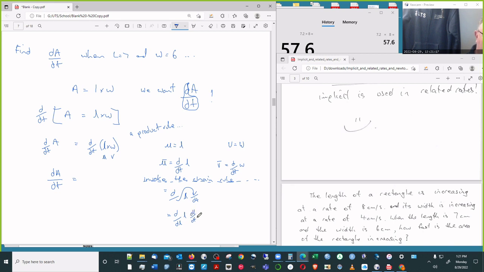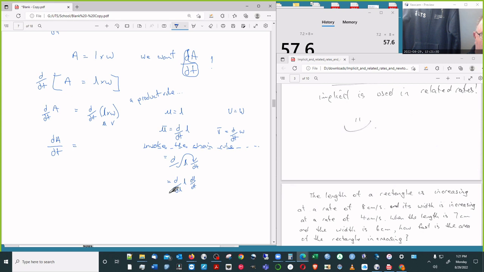So what is d/dL of L? What's d/dx of x? It's just 1. And remember, we've got dL/dt. So u dash is just dL/dt in this example.